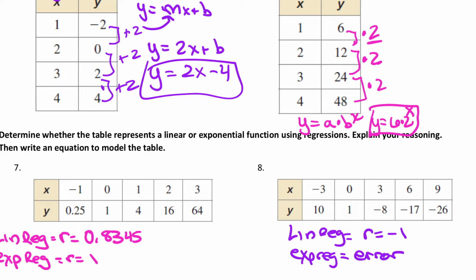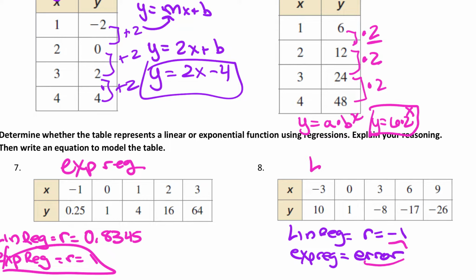So this is an exponential regression because the R value is closer to 1. Over here for 8, the linear regression value is -1. And when I plugged it into my exponential regression, it gave me an error, which means that this is a linear equation, because the R value is -1. So whichever is closest to 1 or -1 is the better fit.